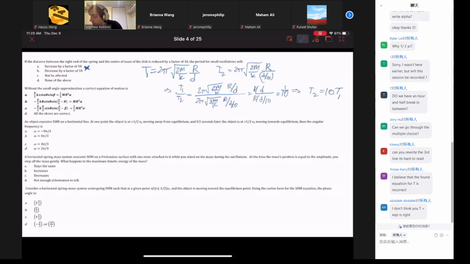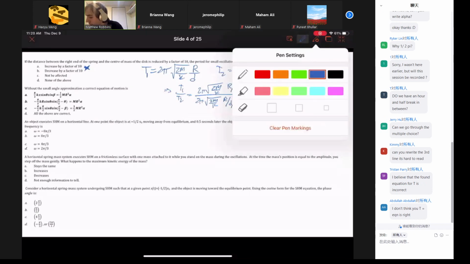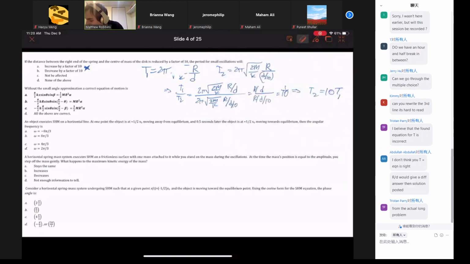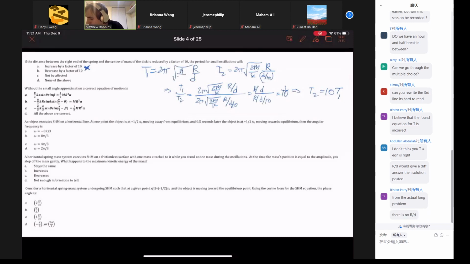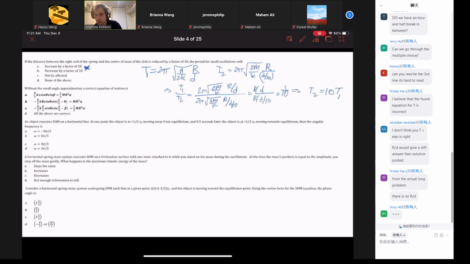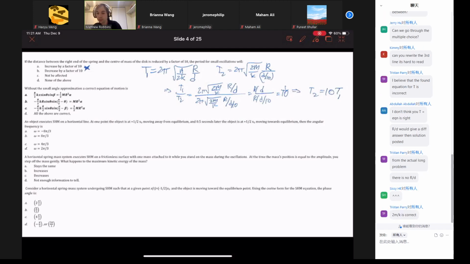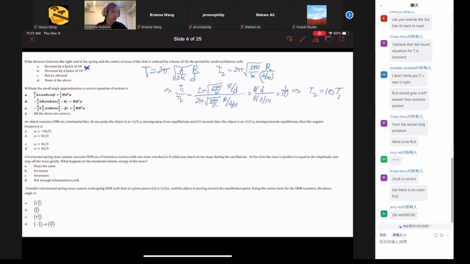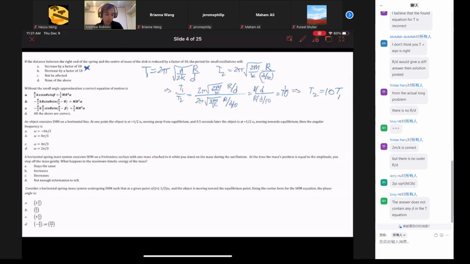I don't think which T equation is wrong. You're right, that one's wrong, but in the end it didn't matter because we have the square root of m over 2k. Let me check that.